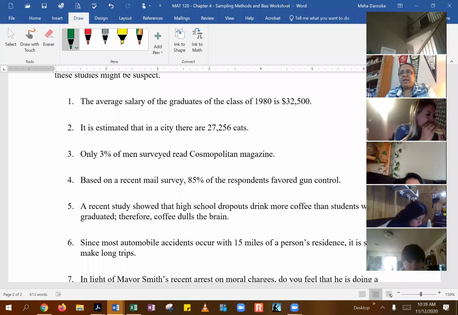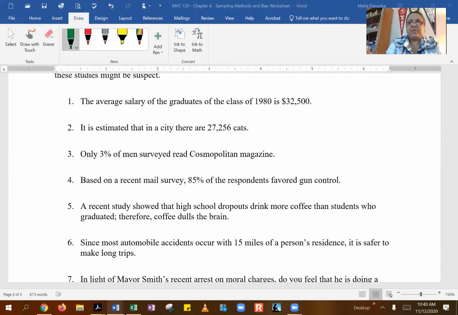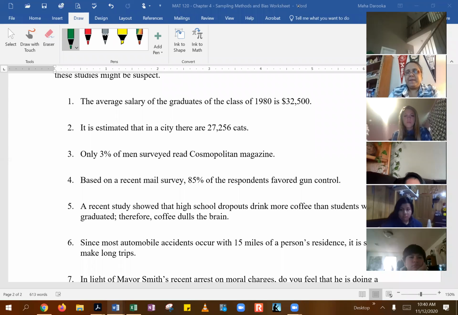So what do you think might be a bias over here, or why does this sound suspect? What's a possibility? So the average salary of the graduates for the class of 1980 is $32,500. So what do you think might be a bias here?